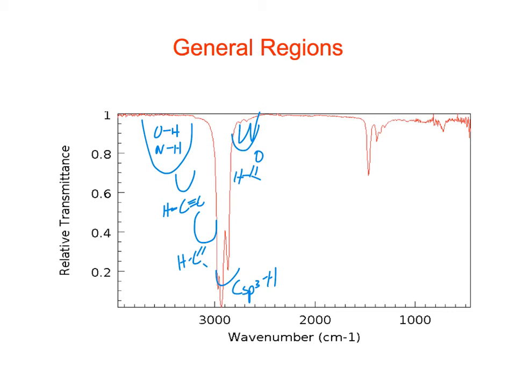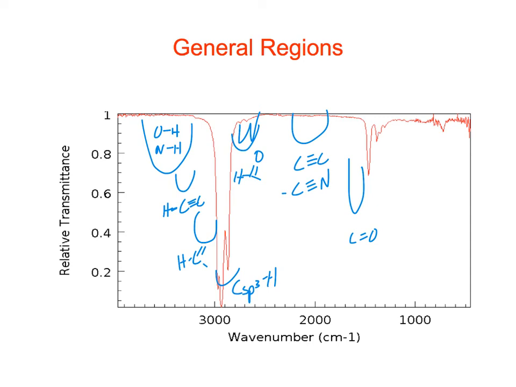In this middle range, the main things we see are triple bonds. So carbon-carbon triple bonds, or, I didn't show you an example, but nitriles show up very strongly in here. And then in here, we see the carbonyl stretches.